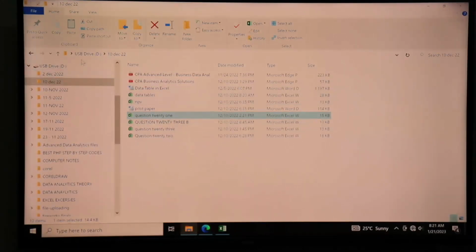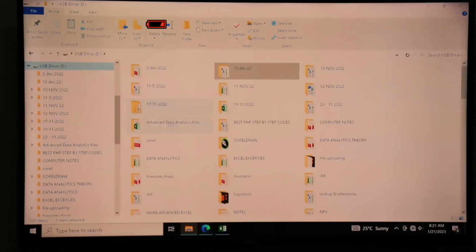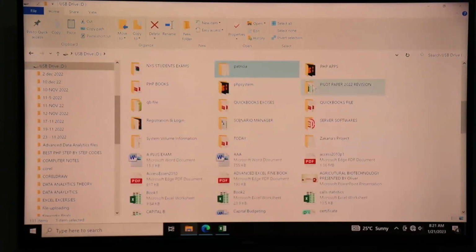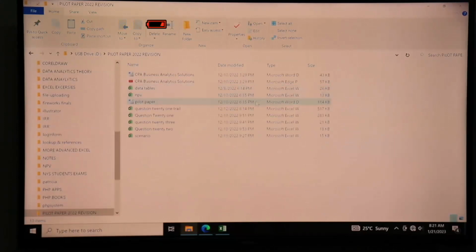So I was to check a question, and let me now have this question. So this question, you are supposed to produce a chart, and the chart was supposed to be generated from the dashboard.